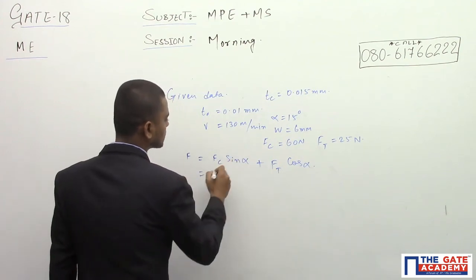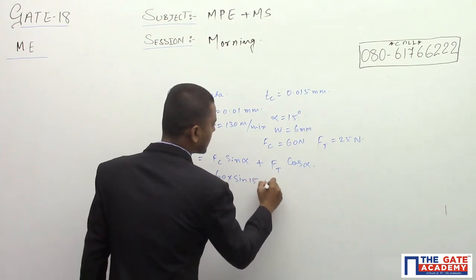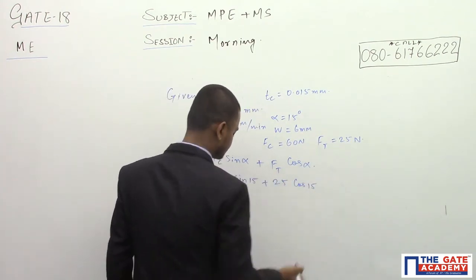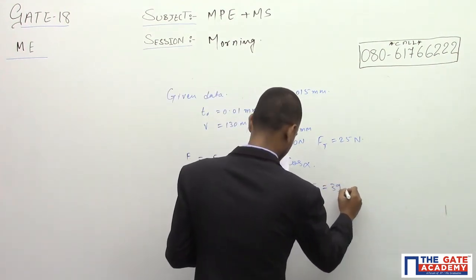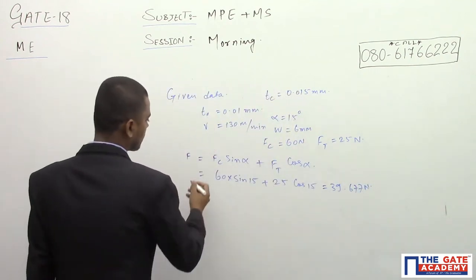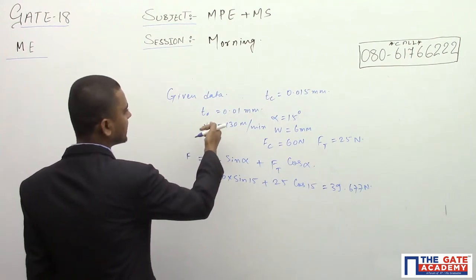So cutting force we know 60, so 60 into sin 15 plus thrust force 25 cos 15. If you solve, you will get 39.677 Newton.